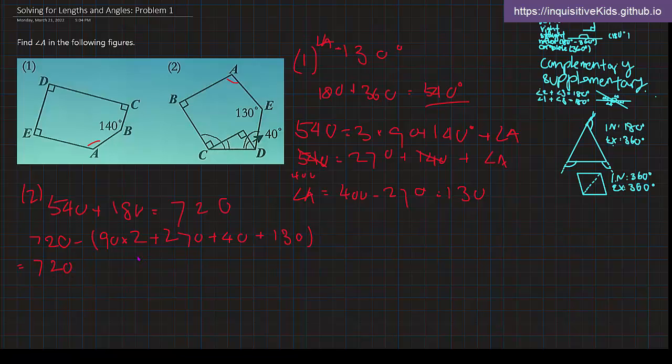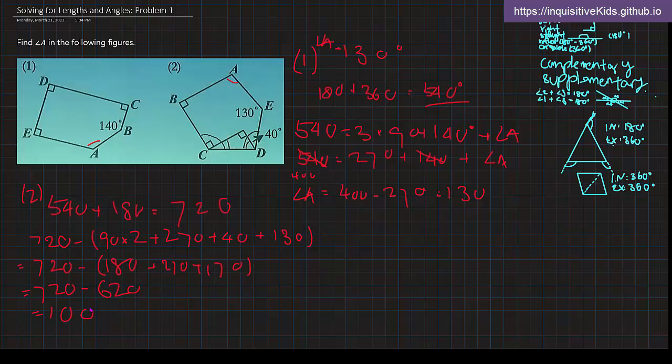So let's first solve the parentheses. 720 minus something. There's multiplication, so I'm going to get rid of that. So 180 plus 270 plus, and I'll just add these two, which is 170, which also equals 720 minus, and then after solving the middle right here, 180 plus 270 is 450. 450 plus 170 is 620.